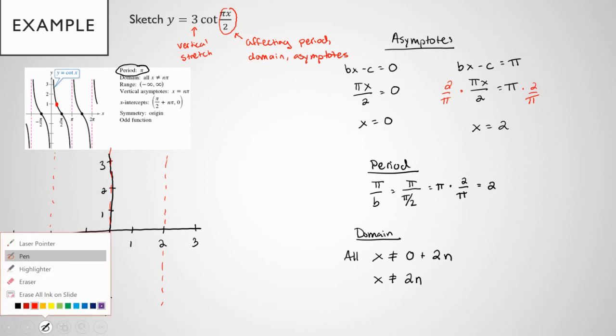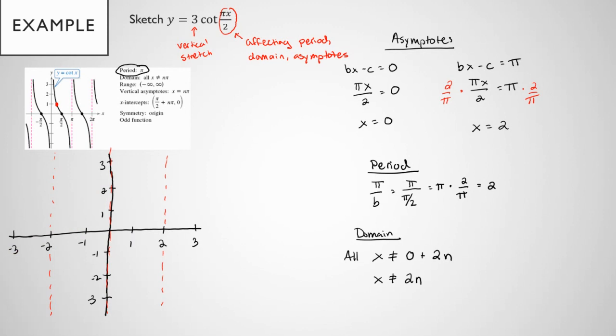In between each of the asymptotes, we didn't shift up or down, so we're going to be starting halfway between. So I'm going to put in all of those 0 points. I don't have a reflection, so the shape's going to be the same. And we're going to look at our key point again.